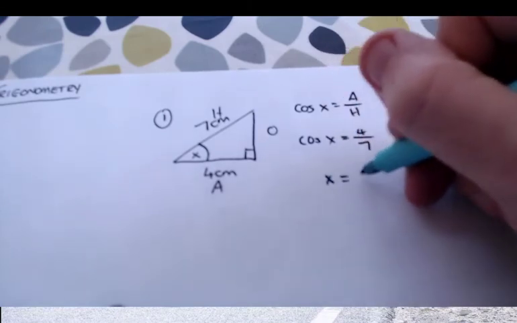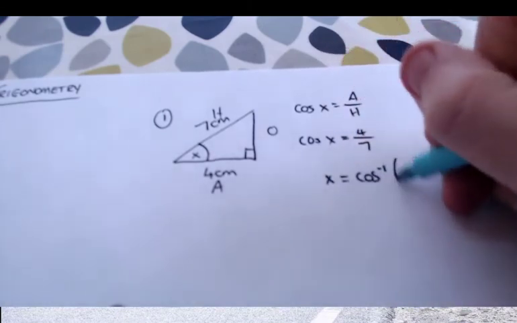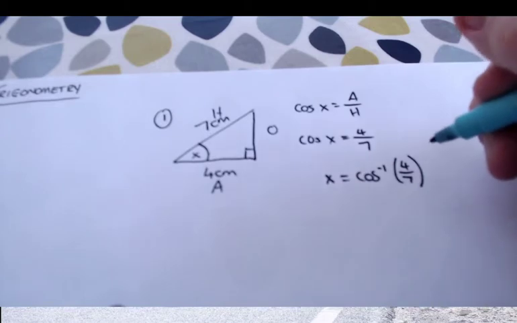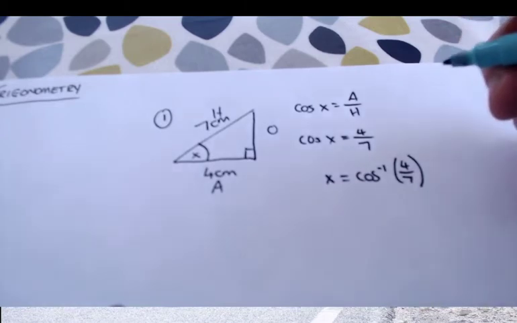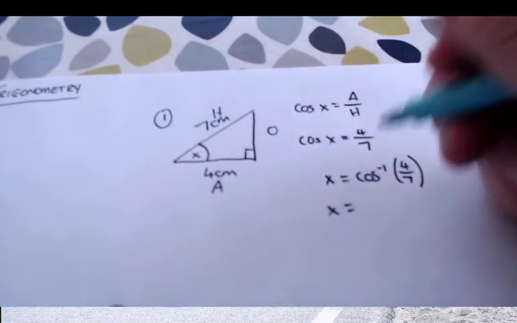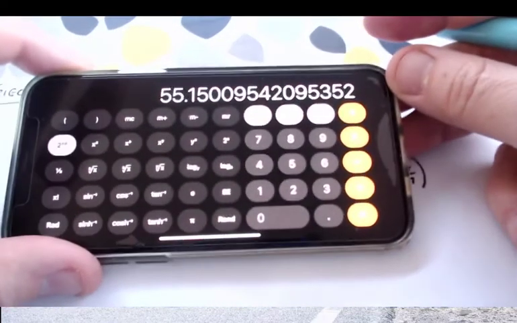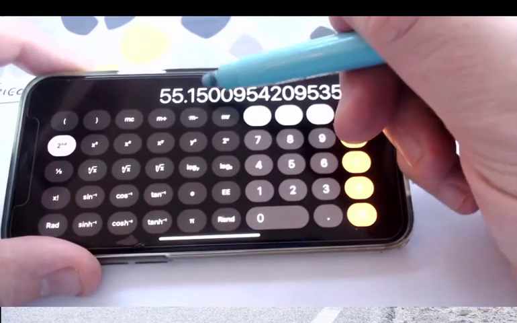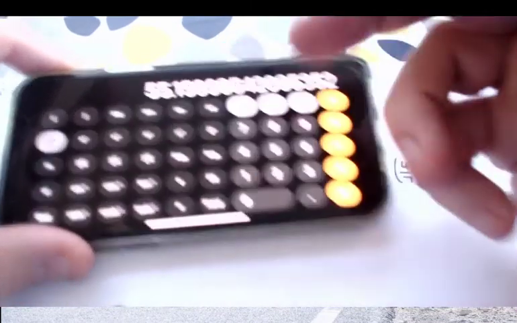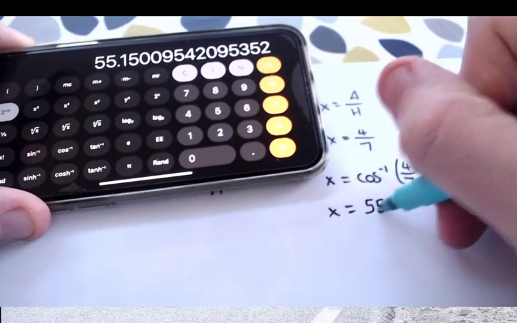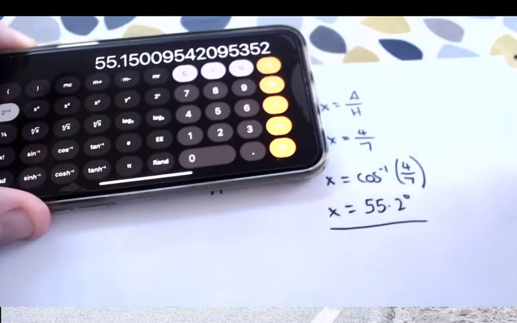And then to get x, I need to do the inverse of cos 4 over 7. Go to my calculator. 4 divided by 7 equals, hit the inverse cos button, and I get an answer. Now be careful when you round this one. 55.15, that 5 will round that up to a 2. 55.2 degrees. Hope you got that right.